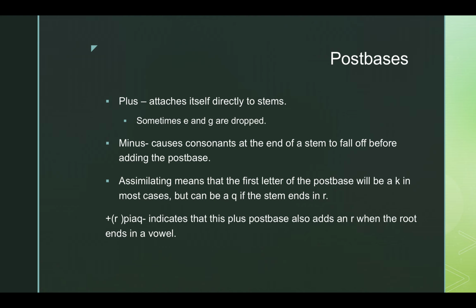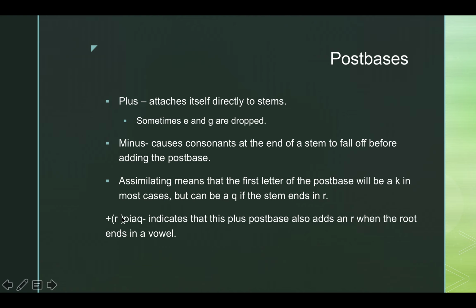And I wanted to go over the little guy at the bottom here. This is usually how you see the postbases written. You'll have the plus or minus or the little tilde that tells you it's assimilating. And then if you have parentheses, these are only added when the root ends in a vowel.